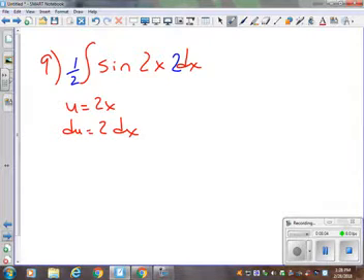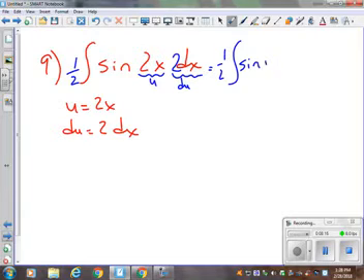So now what I'd like to do is change this problem to where this piece is u and this piece is du. So 1/2 integration of sine u du. Now when you integrate sine, what does it become?